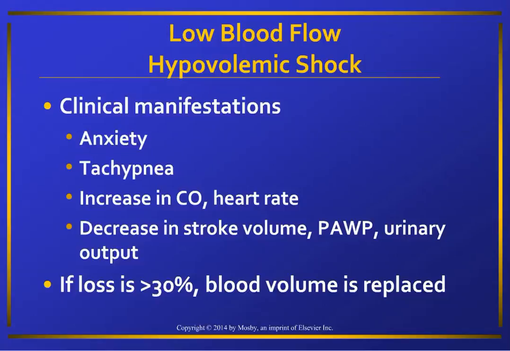The clinical manifestations of hypovolemic shock include anxiety, tachypnea, increase in cardiac output and heart rate, and decrease in stroke volume, wedge pressure, and urinary output. If the loss is greater than 30%, the volume must be replaced.